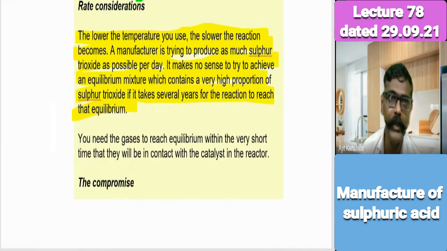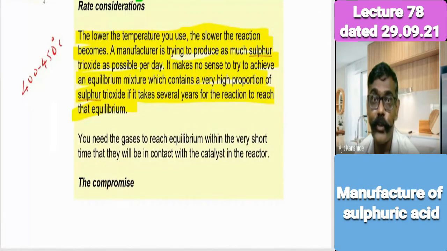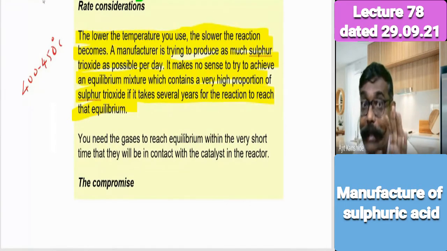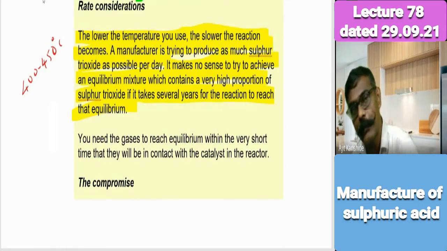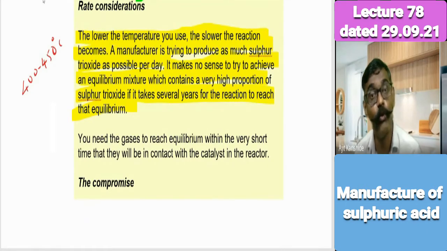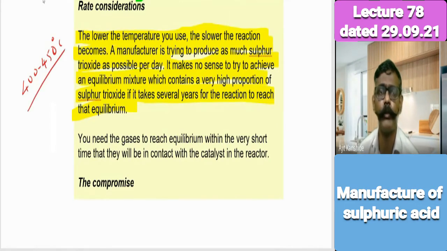By maintaining the temperature of 400 to 450 degrees Celsius, the reaction gets boosted, so equilibrium gets attained easily. Only getting more sulfur trioxide is not important for us. We want an efficient equilibrium. For that, this 400 to 450 temperature is considered. Now pay attention again.